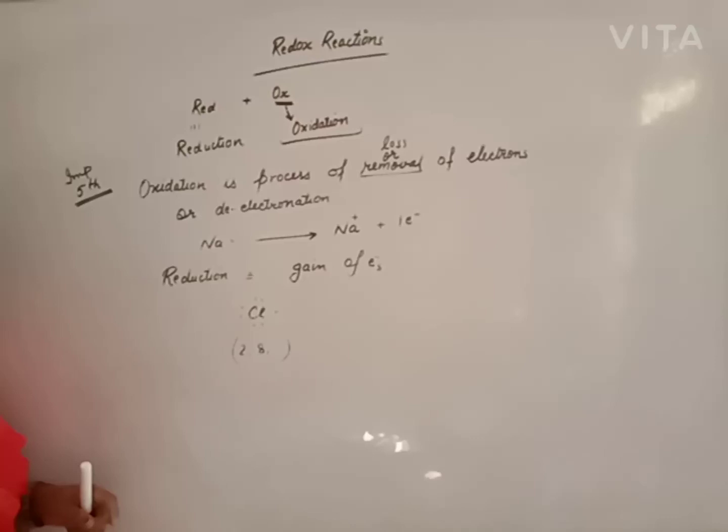Removal of electropositive atom is oxidation, or addition of electropositive atom is reduction. Addition of electropositive atom is reduction. Removal of electropositive atom is oxidation. Removal of electronegative atom, reduction. Addition of electronegative atom, oxidation.